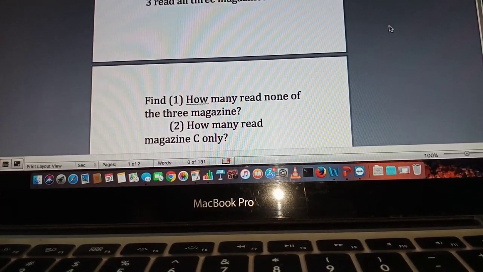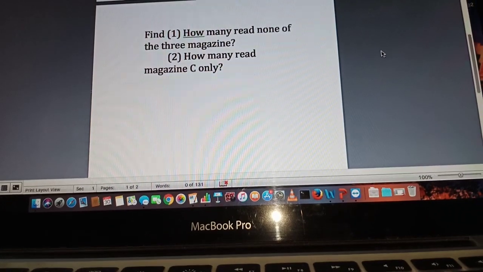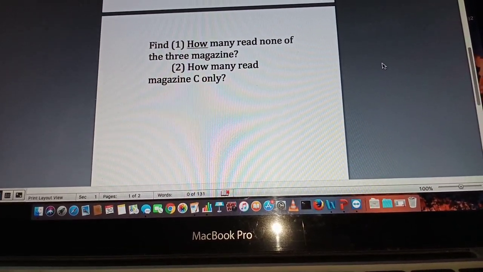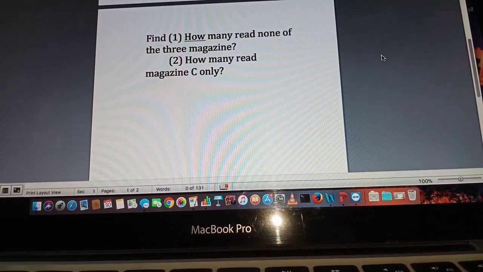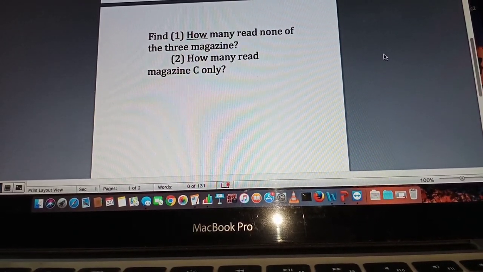Then what do I have to find? Number 1, how many read none of the three magazines, and number 2, how many read magazine C only.